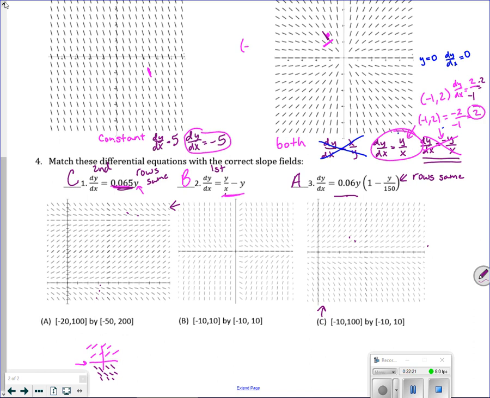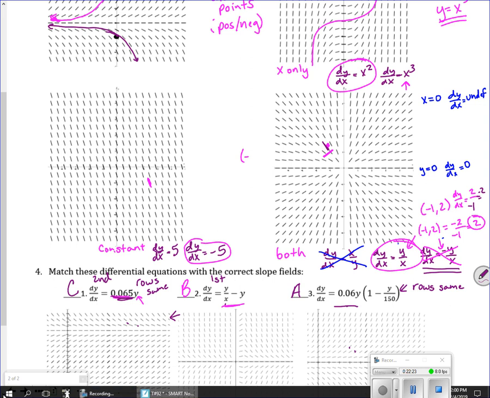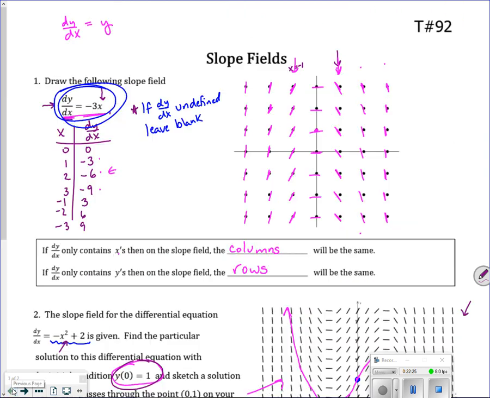So let's talk about what you're responsible for. The skills that you're responsible for is, one, you have to draw a slope field. You're going to make a chart, you're going to think about what would kind of make it faster, and it's a comparative game. Make sure you have your positives and negatives.